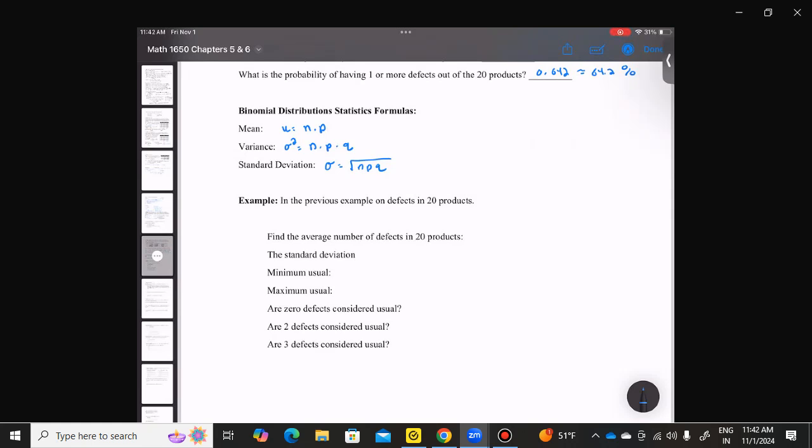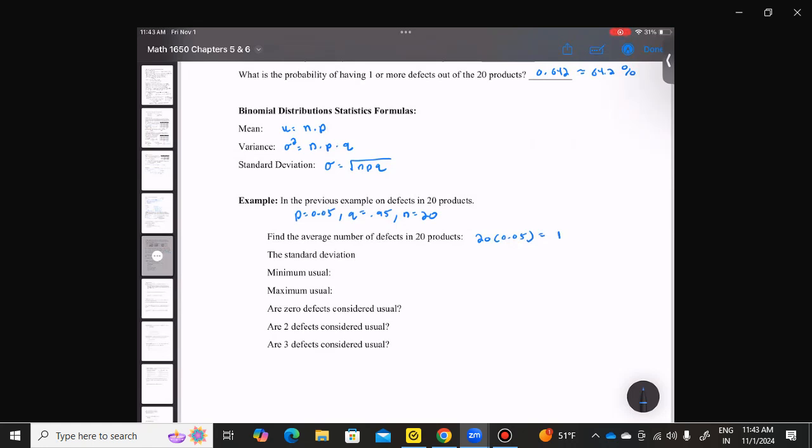Right, so again, looking at our previous examples, we had p is 0.05, that means q is 0.95, and n is 20. So the average number of defects, or the mean, is going to be 20 times 0.05, which is equal to 1.